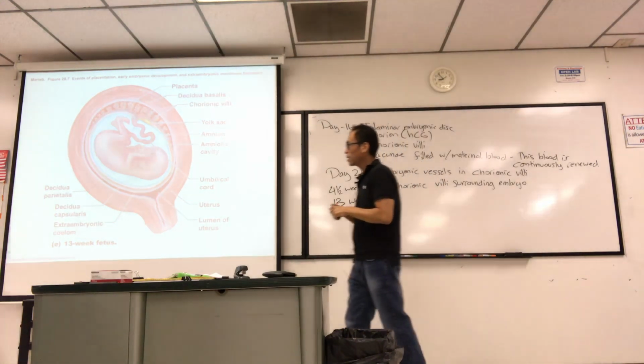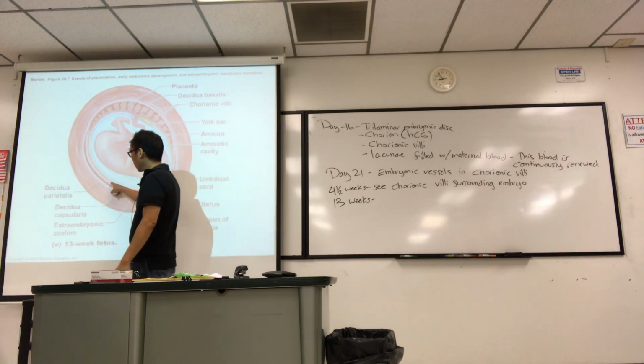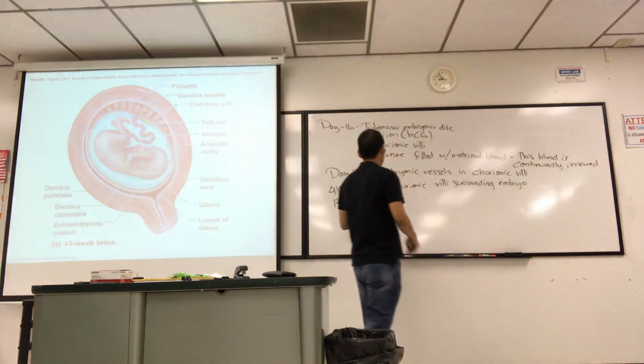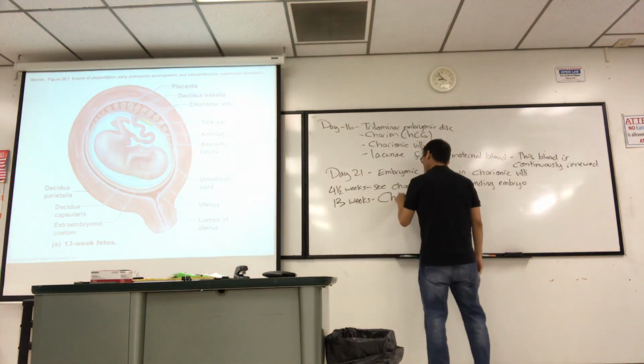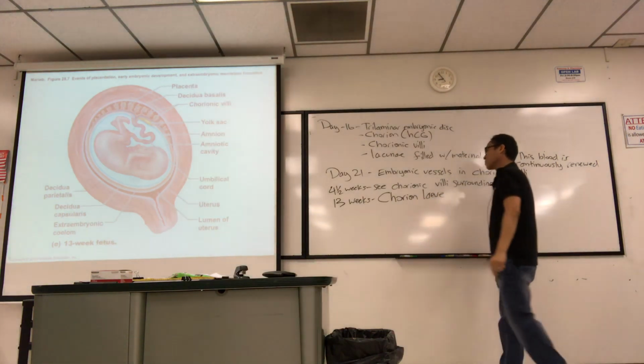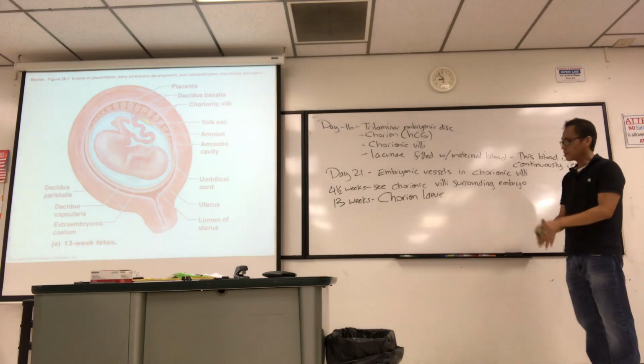There's a word for that. The chorion being flattened out is not on this slide. It's called the chorion leve. It's the chorion where the villi are squashed. That means flat.